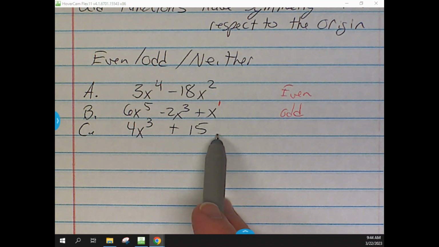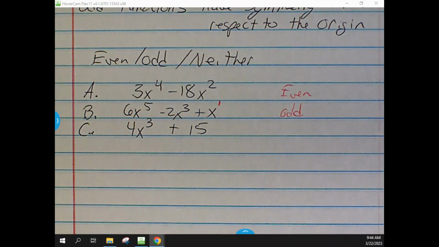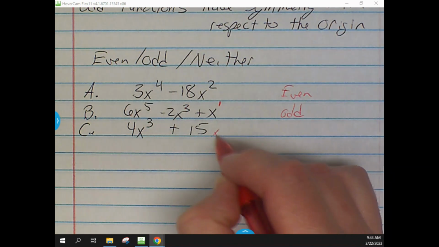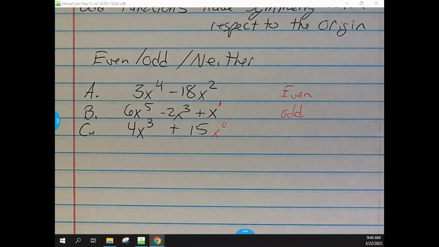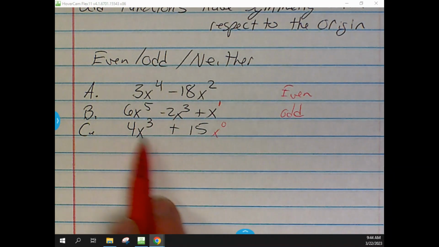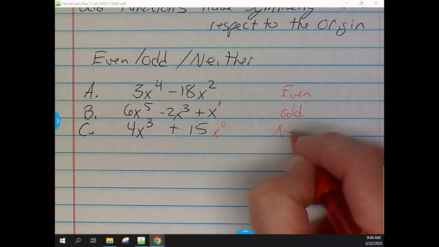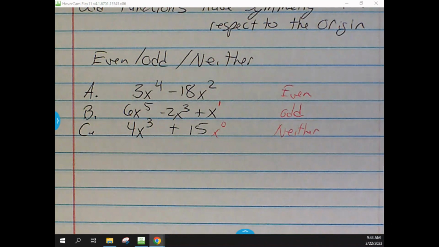What is nothing? But if you gave nothing a number, what would it be? 0, right? So technically, a constant here is x to the nothing power. So that's x to the third, that's x to the nothing power. If that's 3 and that's 0, that's odd, that's even. Yeah, that's one where that would be a neither.